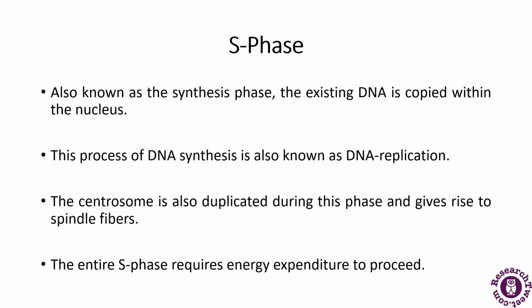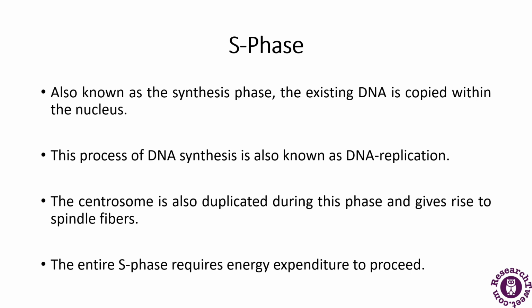The next is the S phase, which is also known as the synthesis phase. DNA replication takes place during this phase. If we take an example, if the initial quantity of DNA in the cell is denoted by 2n, then after replication it will become 4n. However, the number of chromosomes will not vary.